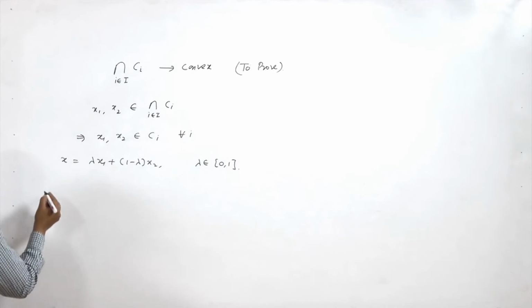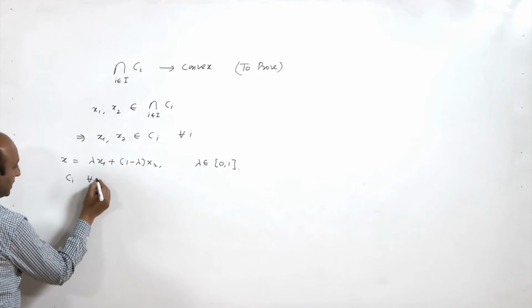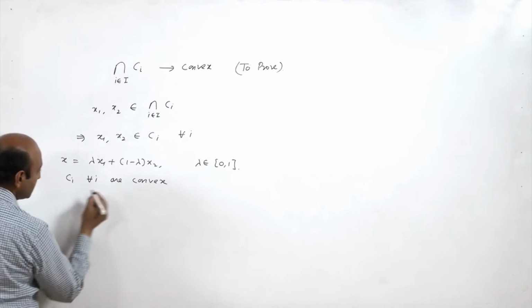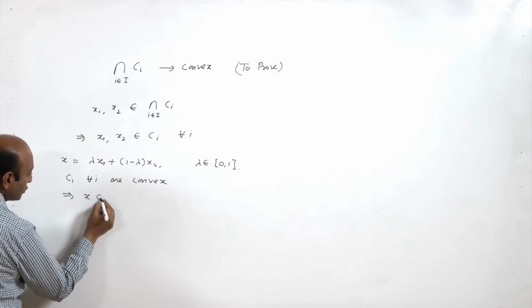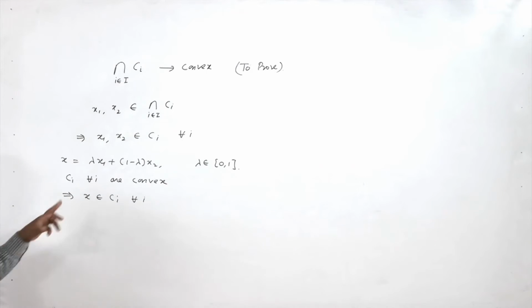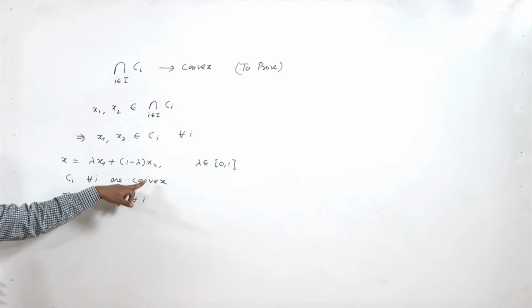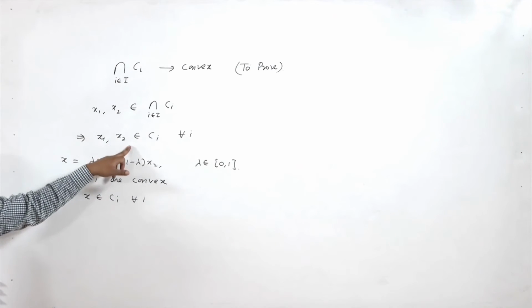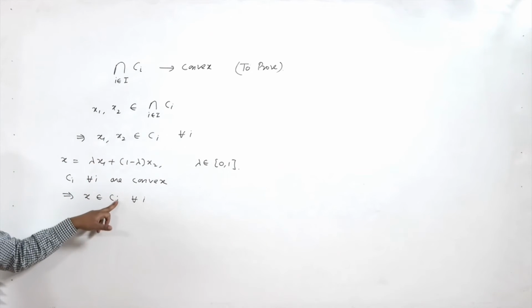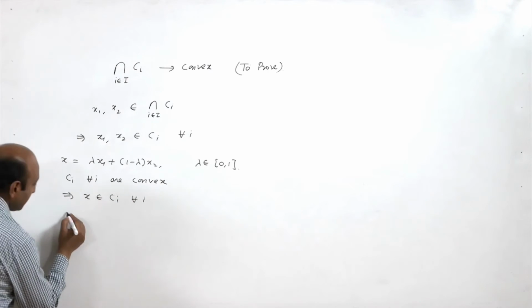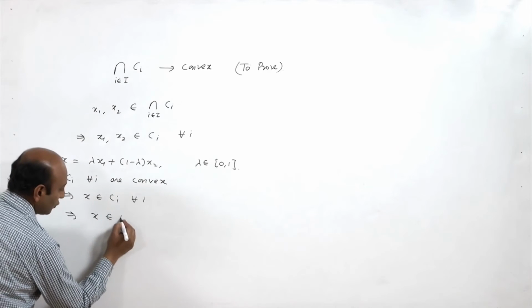Since Ci for all i are convex, this implies x belongs to Ci for all i, because x is nothing but a convex linear combination of x1 and x2. So, x will be in Ci for all i, and if it is in Ci for all i, this means x will be in the intersection also.